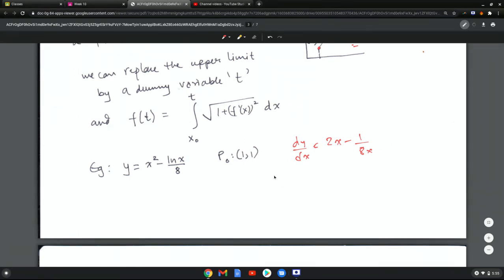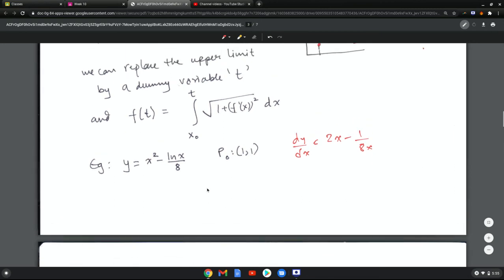And I'm going to have to find 1 plus (dy/dx) squared, which is 1 plus (2x minus 1 over 8x) squared, which is 1 plus 4x squared plus 1 over 64x squared minus 4x.